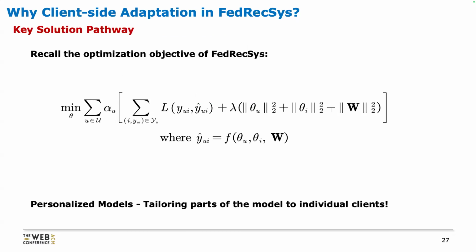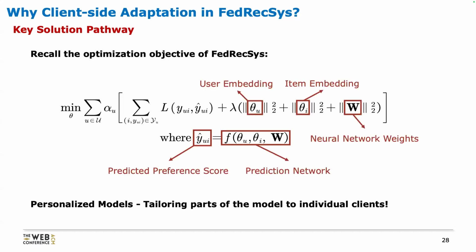So before exploring more advanced adaptation techniques, it's important to recognize a baseline level of personalization inherent in many standard FedRec architectures, particularly those based on matrix factorization or embedding models. This baseline strategy relies on parameter coupling.